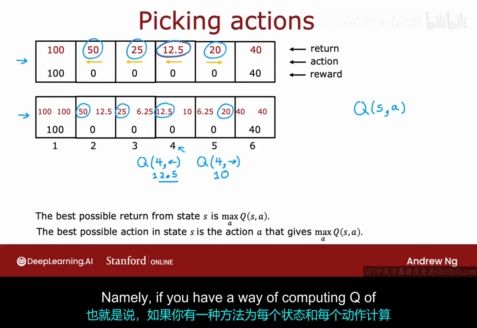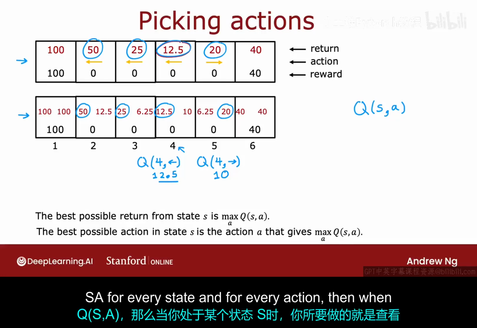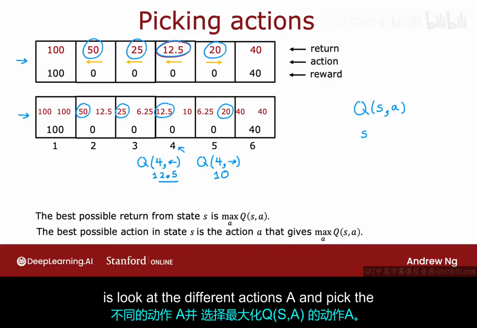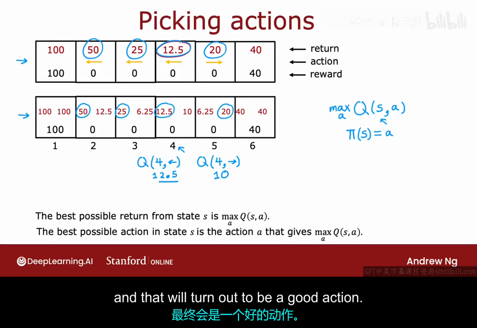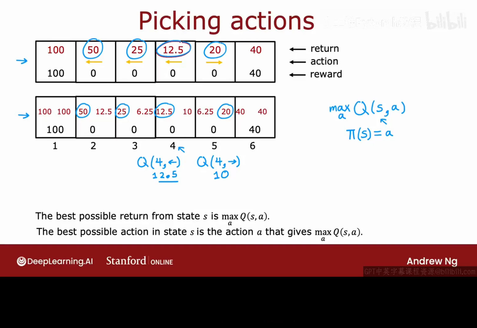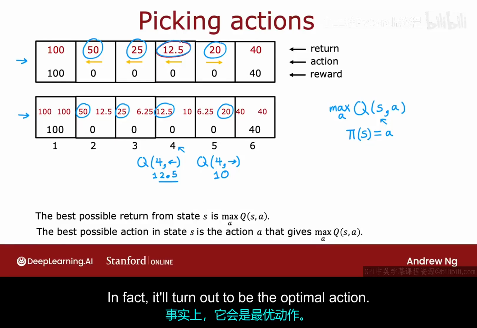Namely, if you have a way of computing Q of S, A for every state and for every action, then when you're in some state S, all you have to do is look at the different actions A and pick the action A that maximizes Q of S, A. And so pi of S can just pick the action A that gives the largest value of Q of S, A, and that will turn out to be a good action. In fact, it'll turn out to be the optimal action.